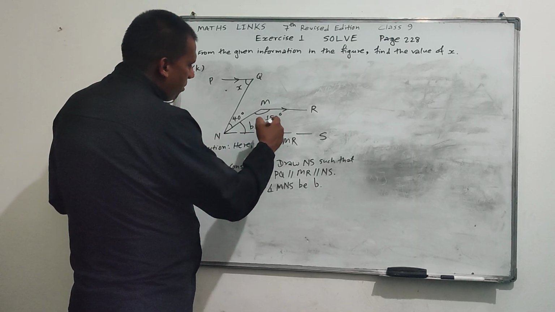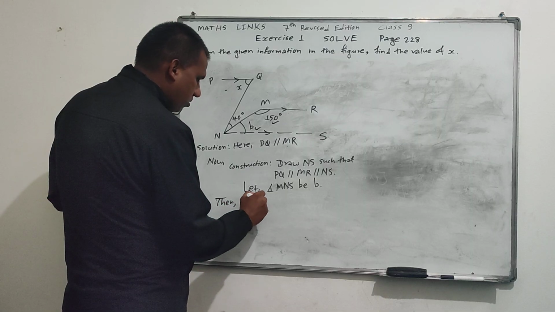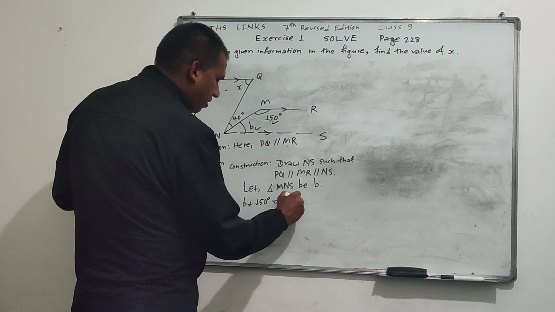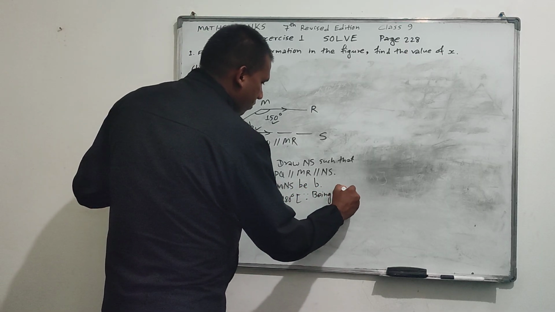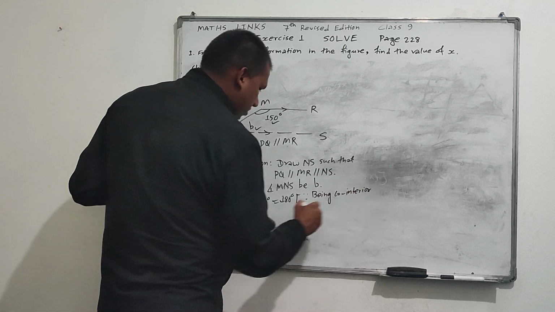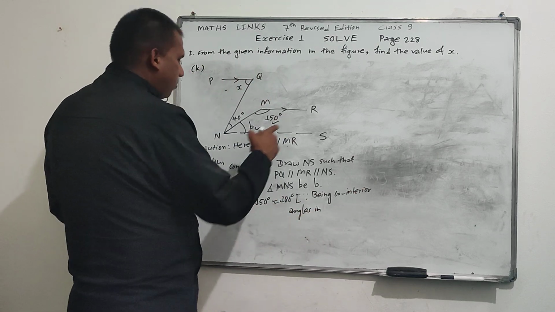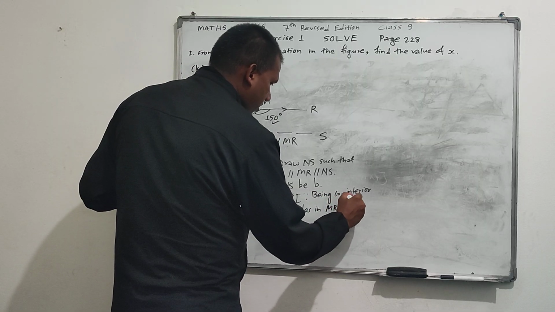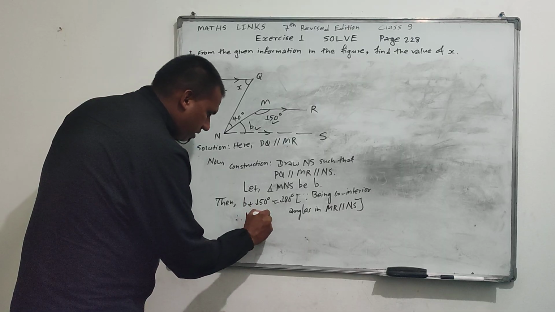Now B and 150 are co-interior angles. B plus 150 equals 180, because they are co-interior angles in MR parallel to NS. Therefore, B equals 180 minus 150, that is 30 degrees.